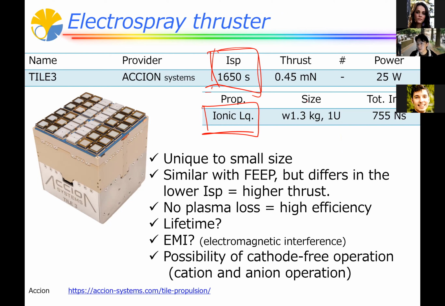But as a result of the trade-off, thrust goes down, in this case less than 1 millinewton. Also, you have to take care of EMI, electromagnetic interference, because they use very high voltage, typically 5 kilovolts, which is higher than ion and Hall thrusters.